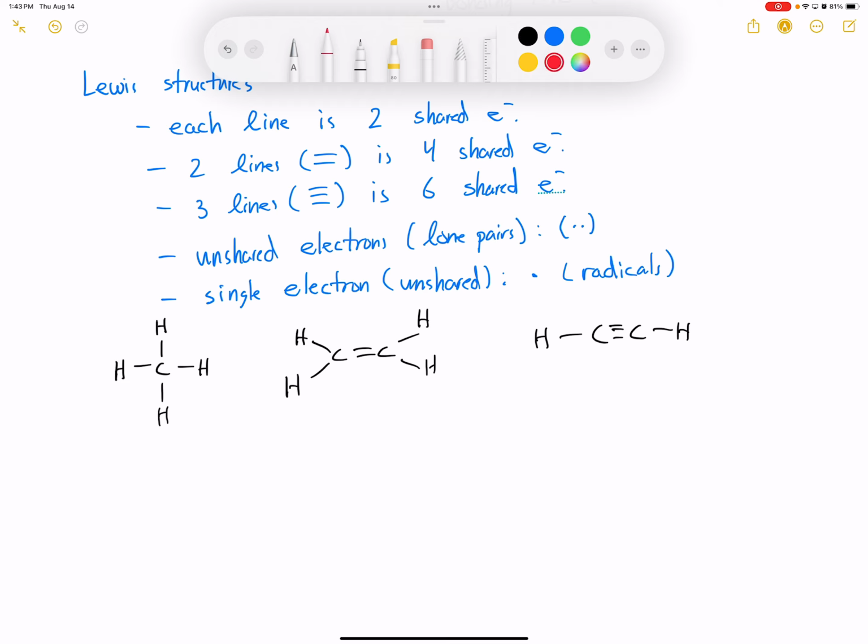Now let's talk about unshared electrons. So here's an example of unshared. Okay. So we have an amine. Amines, one, they smell like ammonia, kind of fish-like too.